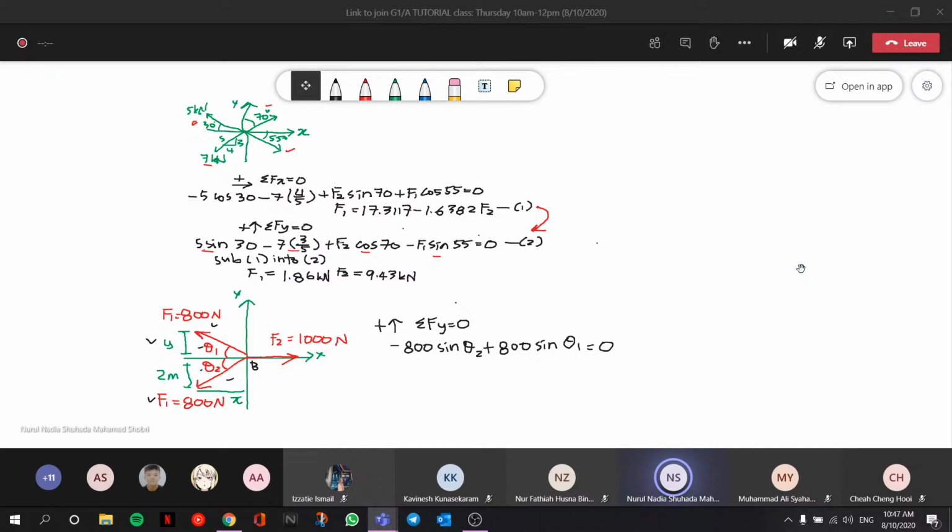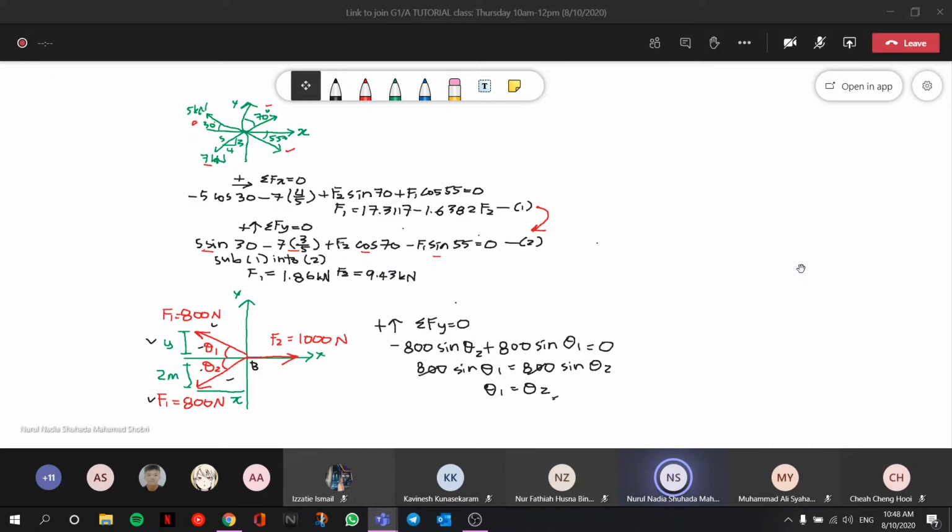When you solve this, you may see that both are actually the same value. This makes theta 1 actually equal to theta 2. So that is up until here for the force in the y-axis. Theta 1 is equal to theta 2.